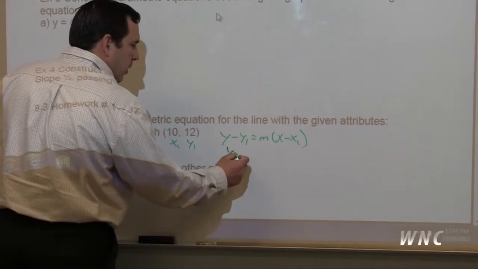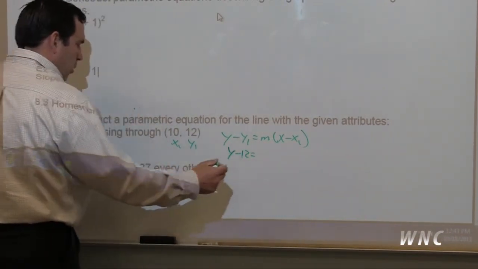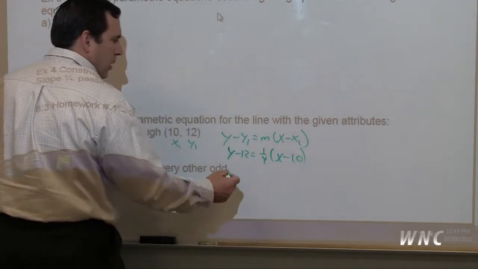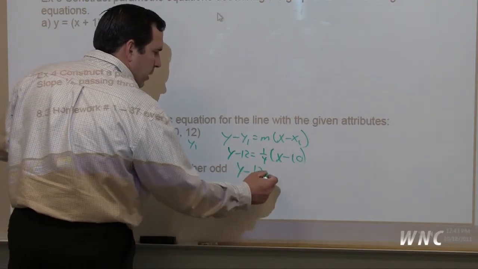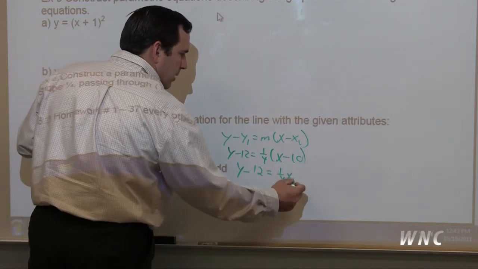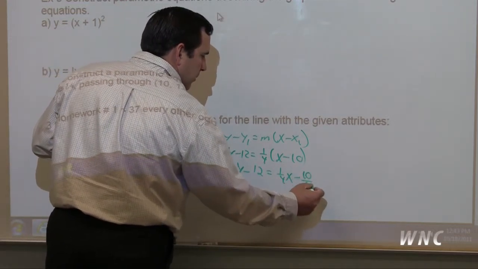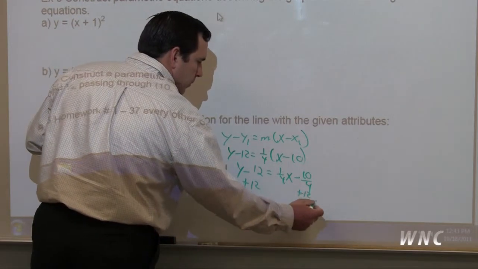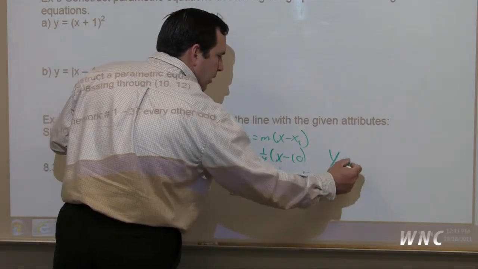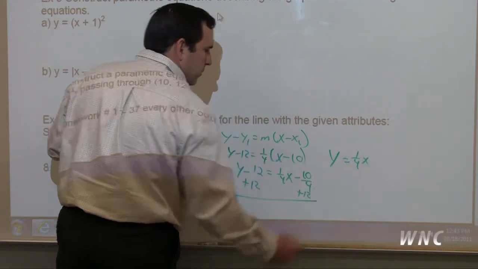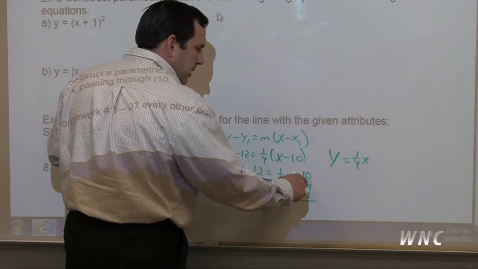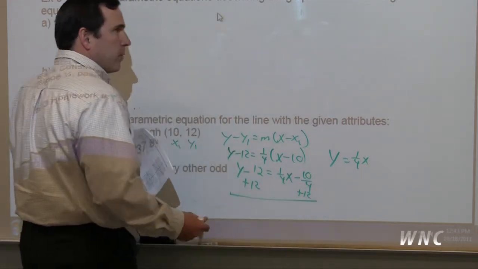So y minus 12 equals 1/4 times x minus 10. So y minus 12 equals 1/4 x minus 10/4. Then I'll add 12 to both sides. y equals 1/4 x, that's minus 10/4 plus 12.